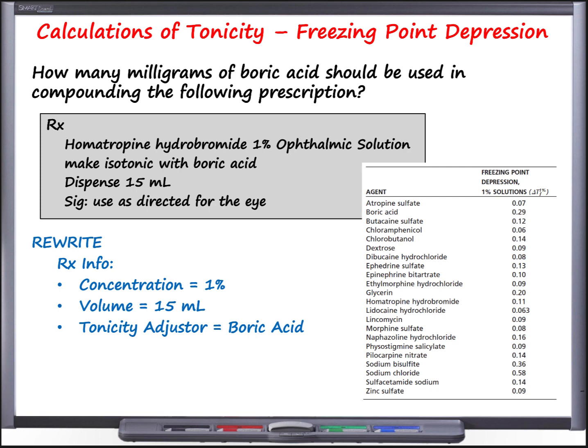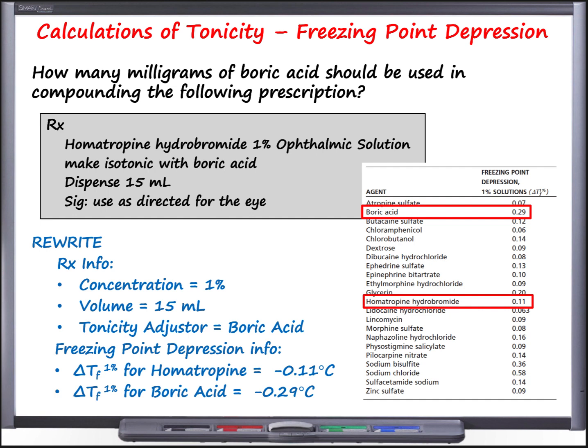We can go to a table, straight out of the textbook, where they publish what they call a delta TF 1%. The delta T stands for the change in temperature, and the F stands for freezing. So we're talking about the change in the freezing point of a 1% solution. For all of the drugs listed, the value given in this table represents a 1% solution of that drug.